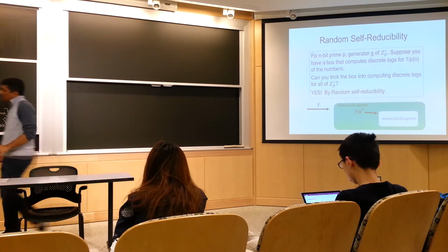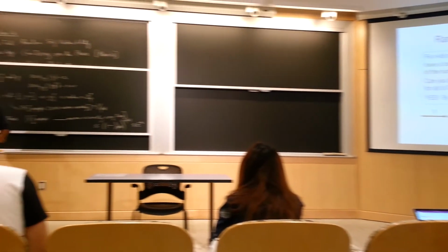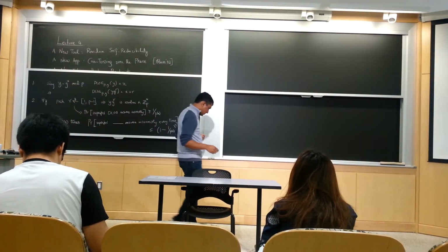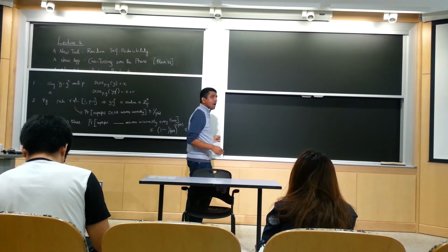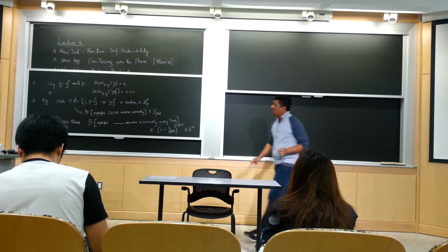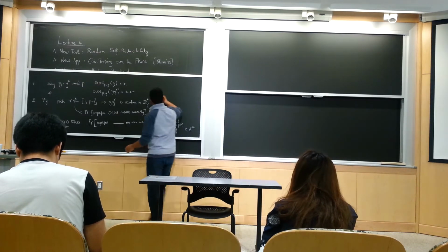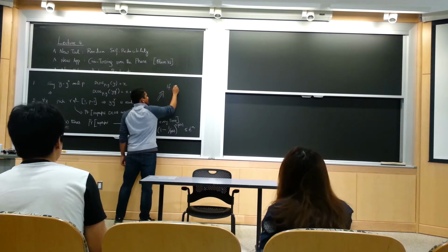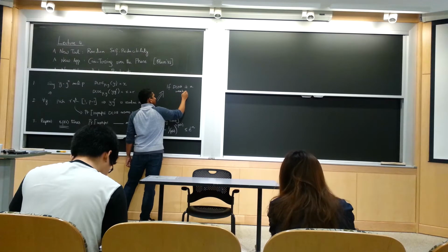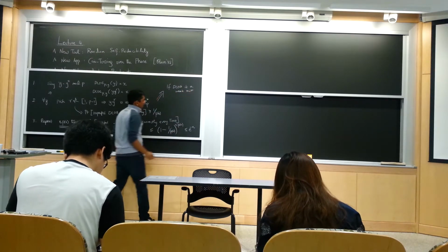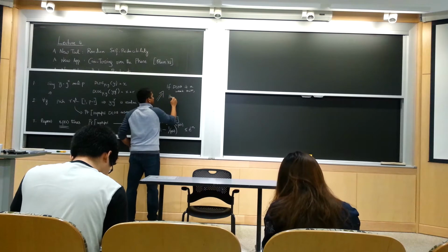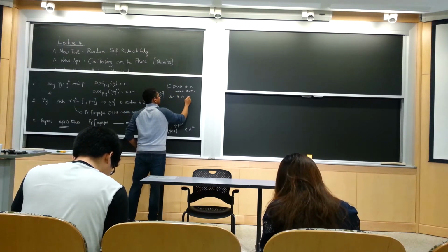Good. So a consequence of this theorem, another consequence of this theorem, this random self-reducibility, is that if the discrete log function is a weak one-way function, then it is a strong one-way function.